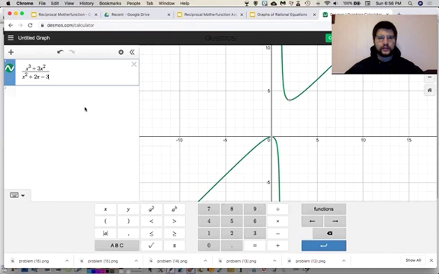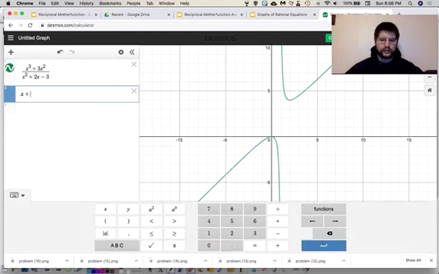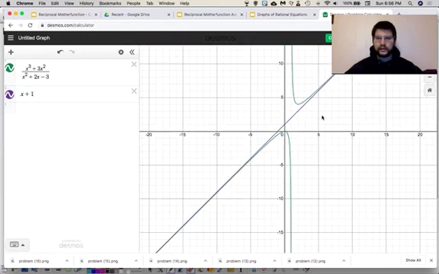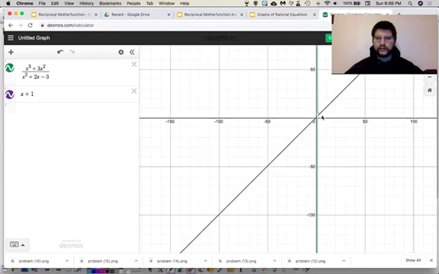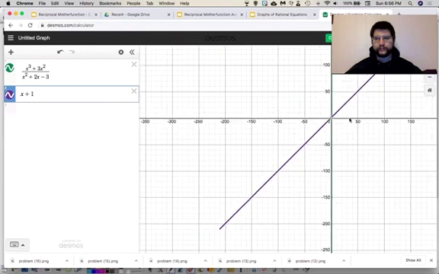And I'm also going to graph x plus 1. So you can actually see right there, that's my oblique asymptote. My graph just keeps getting closer and closer to those lines. It's never going to cross that oblique asymptote there.